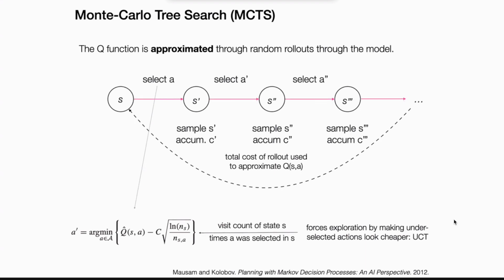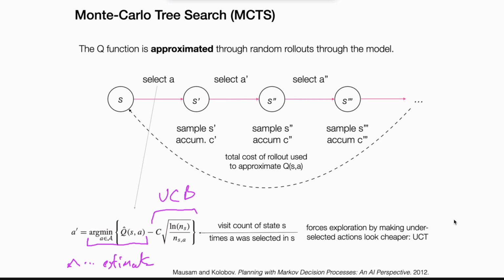And the UCT formula is down there at the bottom. So we're still minimizing some Q value. Okay, so that here means, in fact, it's sample-based. But what we're also doing is we're subtracting this term here. So this is the UCB term. And what it's doing is it's making actions that we haven't taken look a bit cheaper.